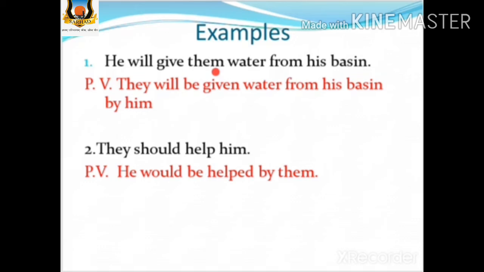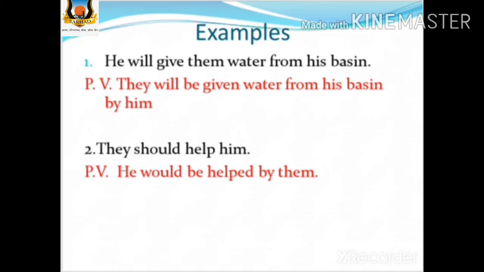Cleared, everyone? So here object plus auxiliary verb will plus be plus past participle of the verb plus by plus subject. In this way, according to the formula, we have discussed this sentence.